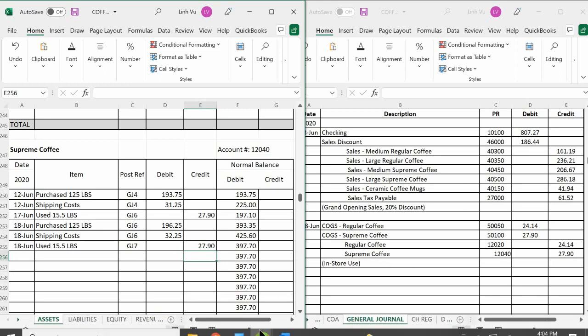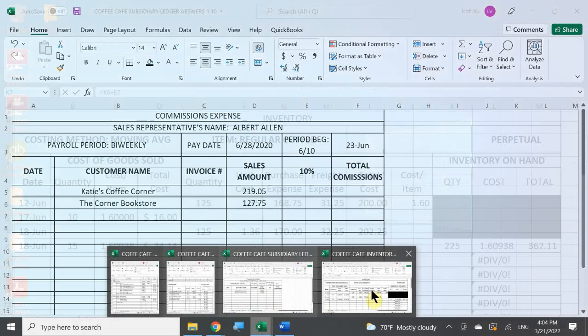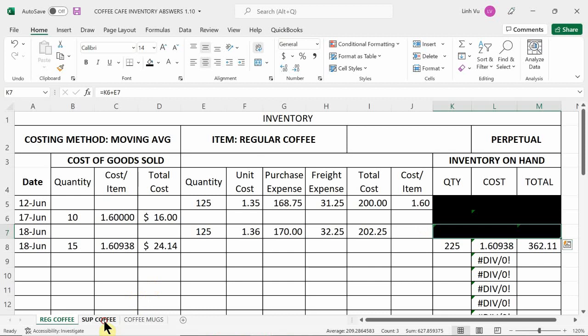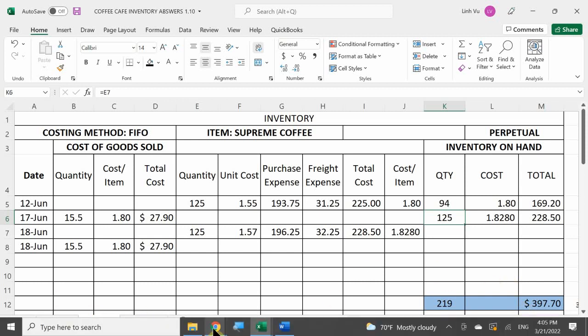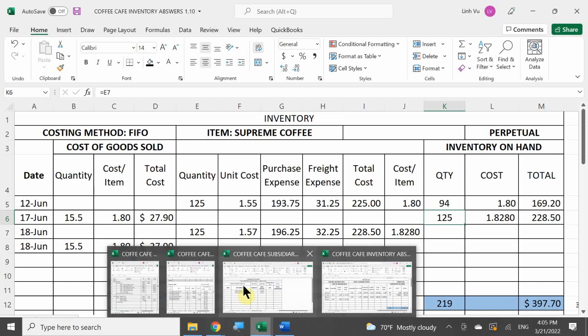And does that match my inventory worksheet? Yes, it does. Again, the account balances reflect whatever total amounts you have in that account. So in this case, yes, I match my inventory worksheet with my ledger. Okay. Any questions so far?